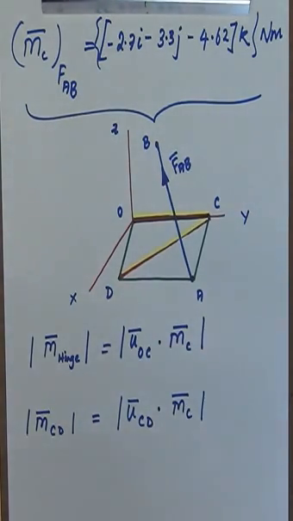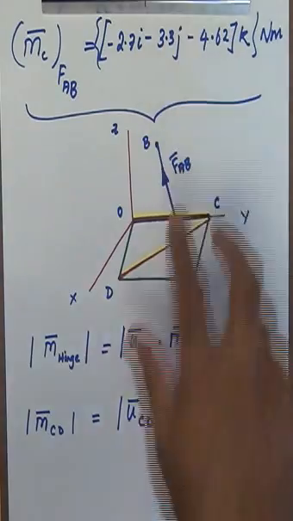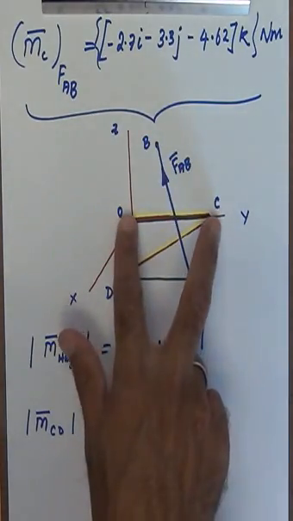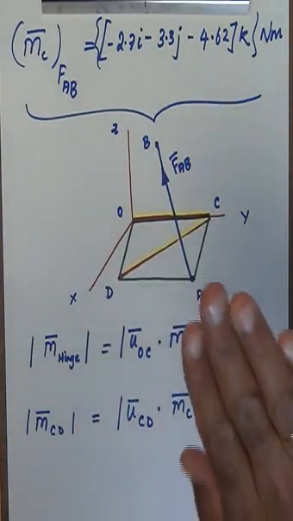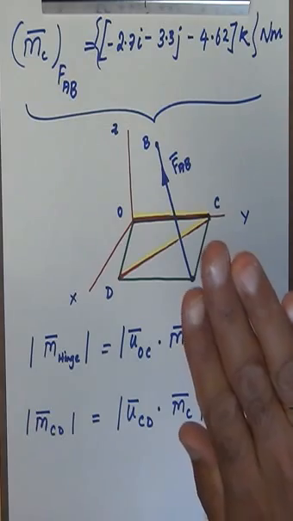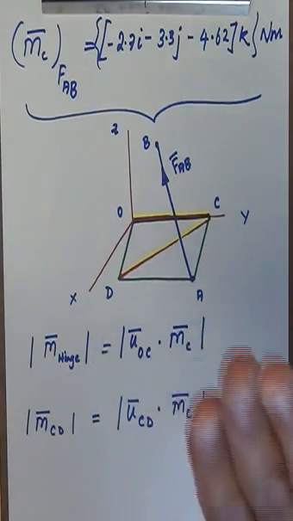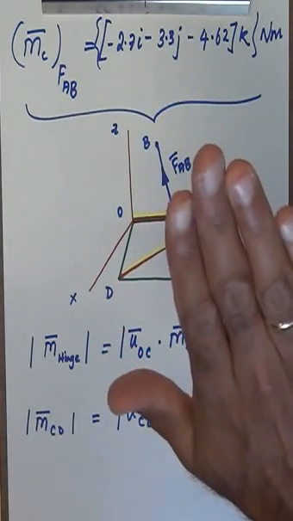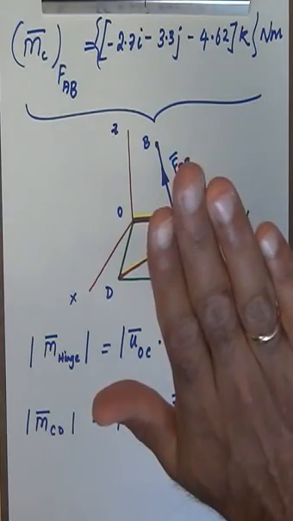For this, we just want to be slightly careful and look at what the sense of the moment is going to be. For example, I have the line FAB and then I have the line OC here. So I use the right hand rule. I align my fingers along the line of action of the force. My palm is going to be facing the line of interest, which is the line OC.